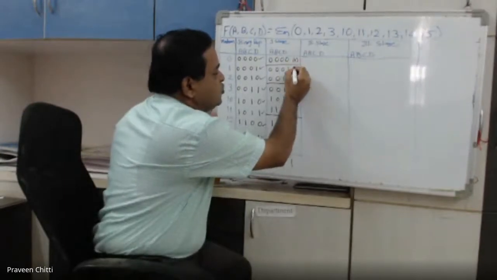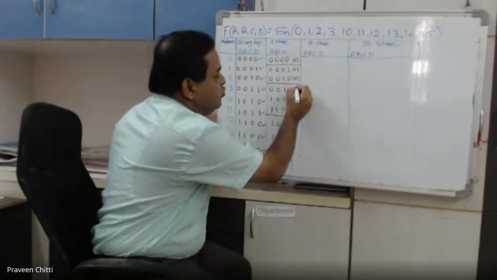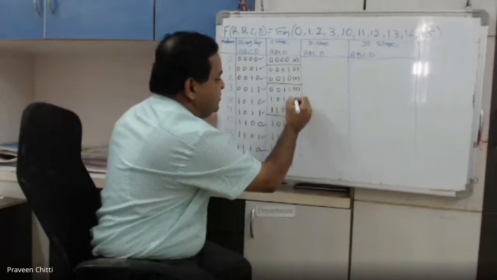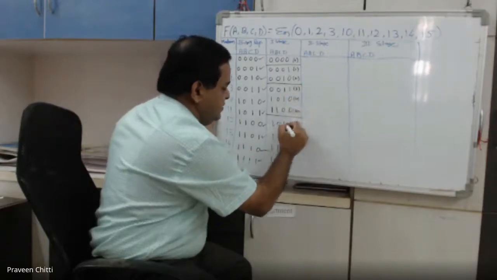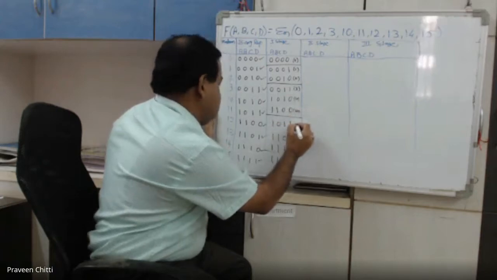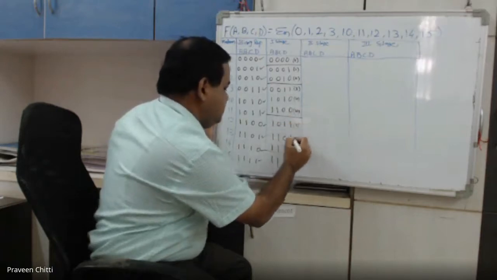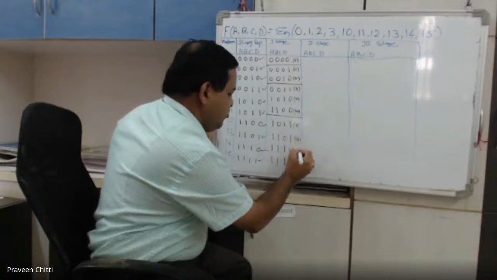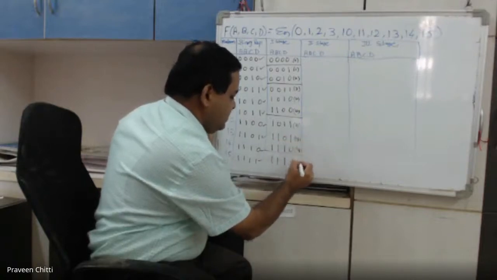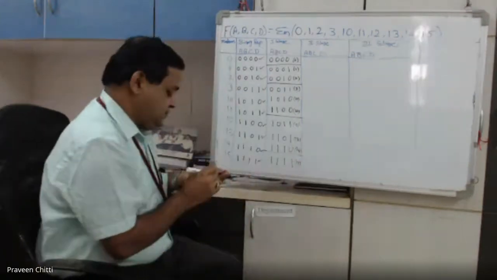This is 0, 1, 2, 3, 10, 12, 11, 13, 14, and 15.